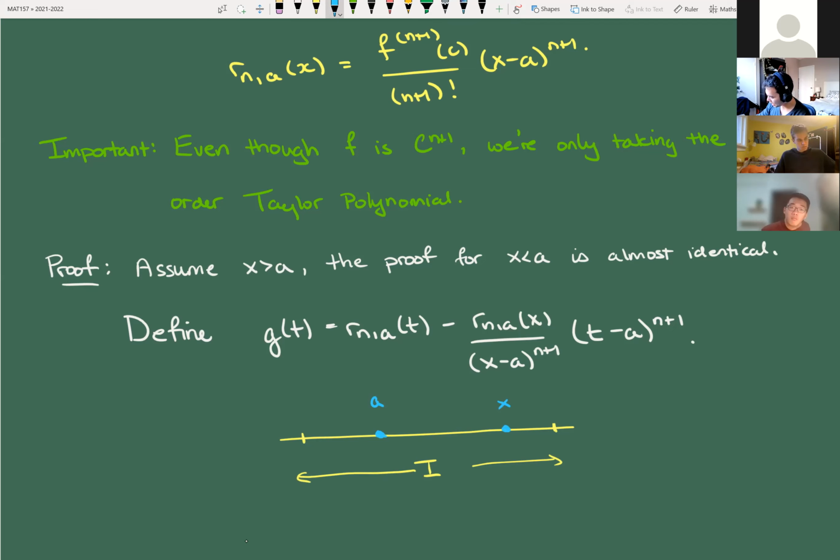And we want to show that there's some point c between a and x. So x is fixed, which is going to seem a little bit weird for the sake of this proof, because normally we think of x as being the independent variable. But in the function that I've just defined, this g of t, t is the independent variable and x is a fixed constant. Just keep that in mind.